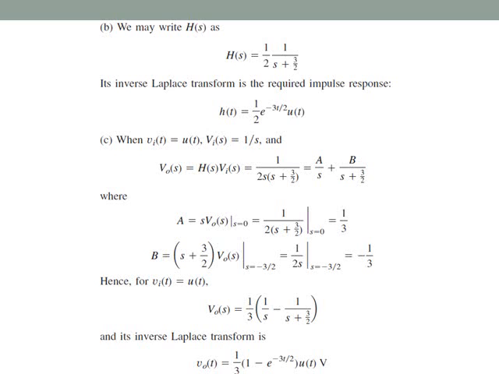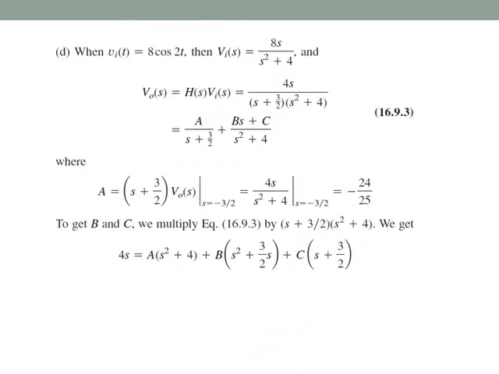Okay, and the last part of the question is to find out the response when the input is 8 cos 2t.